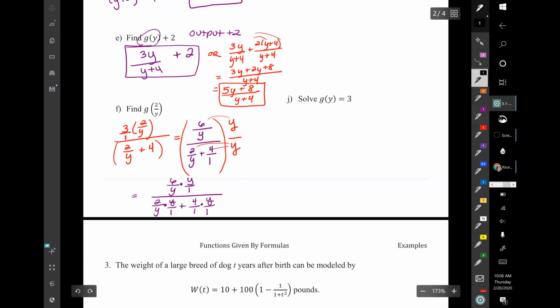Now I can clear that y with the y. Can clear these y's, reduce to 1. And this, nothing reduces, but that's okay. Then I'm left with 6 in the numerator, and that's over 1. So I'm just going to put my line. We're just trying to get back to a regular fraction. And then here I'm left with 2. And here I'm left with plus 4y.